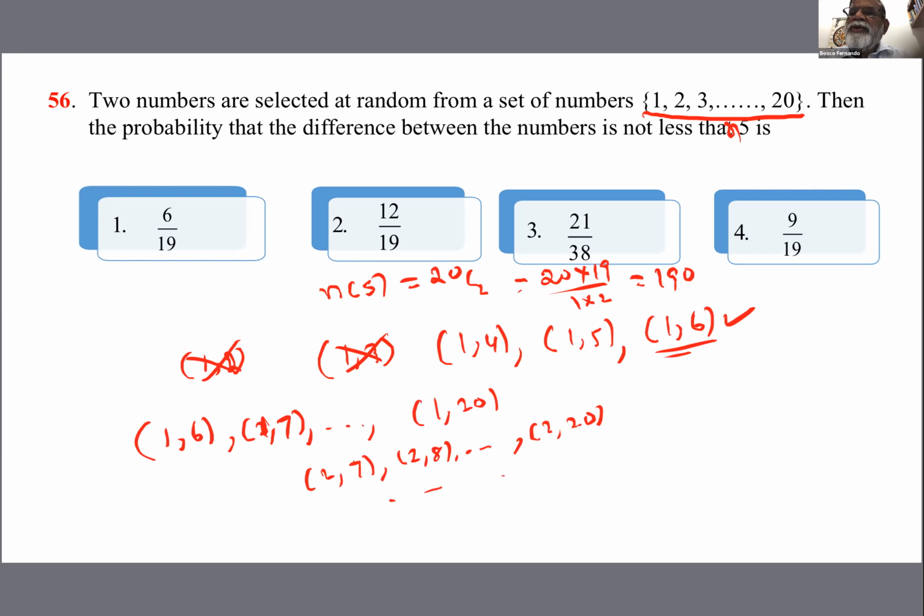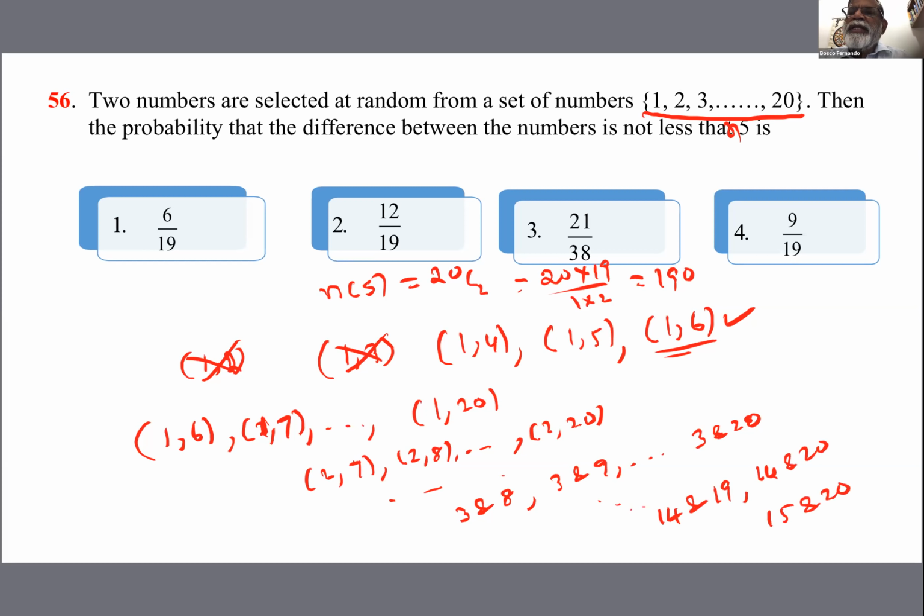Like that, when 3 is there, 3 and 8 can come, 3 and 9 can come, etc. 3 and 20 can come. And go on like this. When 14 comes, 14 and 19 can come and 14 and 20 can come. When 15 comes, only 15 and 20 is possible.